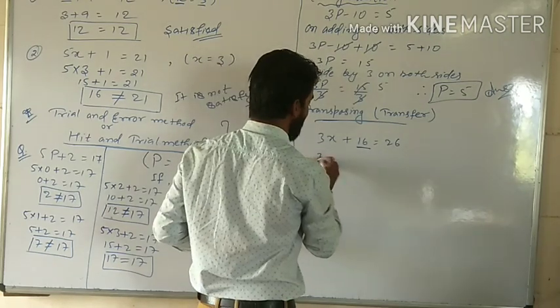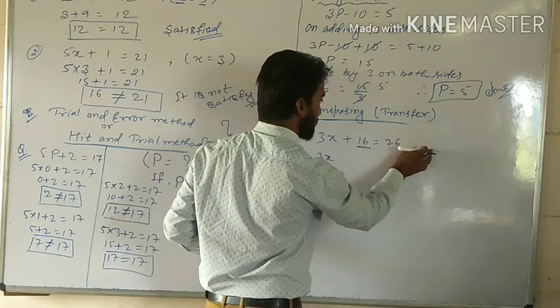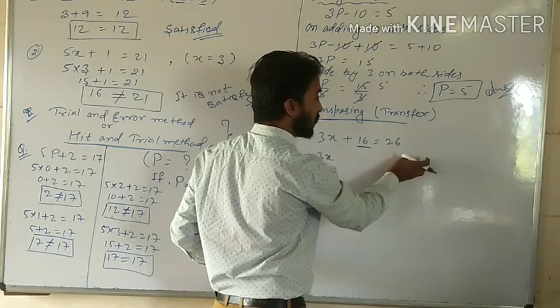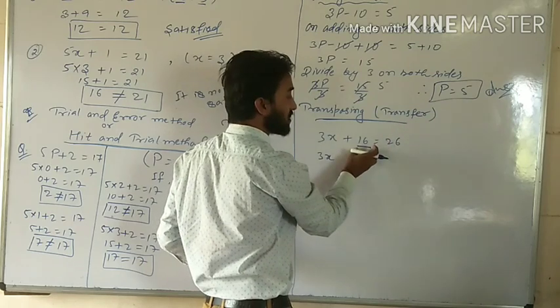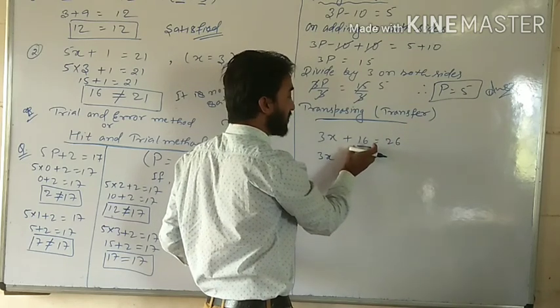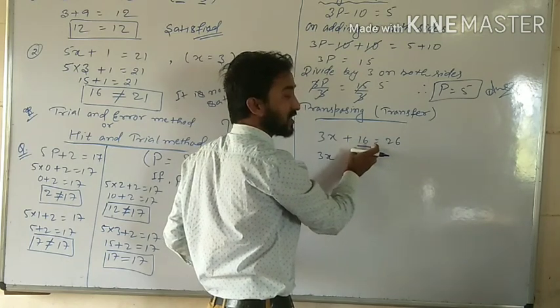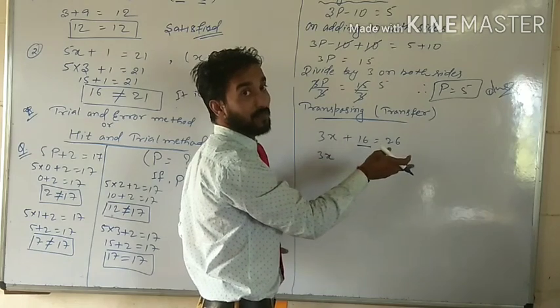So 3x plus 16 is given, then this 16 will transfer to this side. As it transposes to RHS, the sign will be opposite. If it is plus, then it will be minus. When it is minus, then it will be plus. When it is multiplication, then it will be division, or when it is division, it will be multiplication.